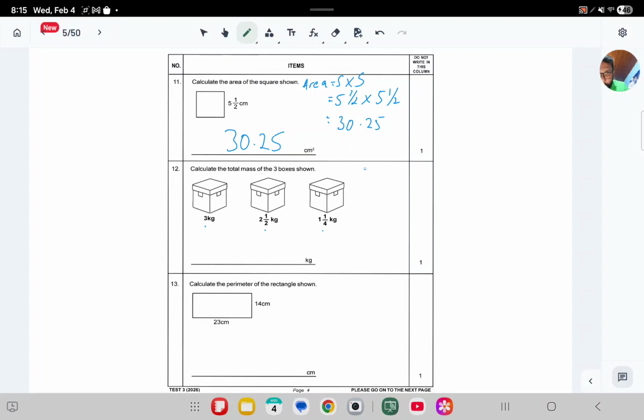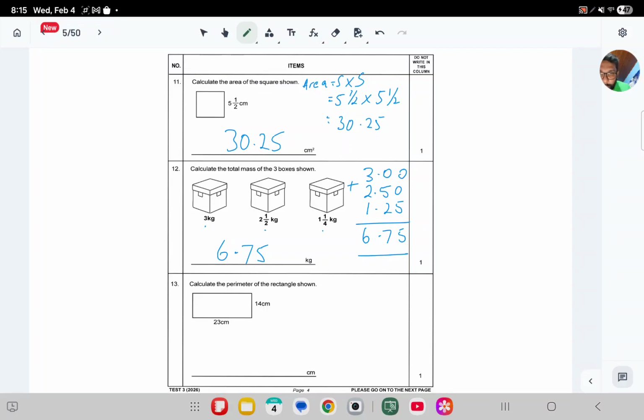So we have 3, and we know 2 1/2 is the same as 2.5. And 1 1/4, a quarter is 0.25, so that's 1.25. And we could add: 5, 7, 3, 4, 5, 6. So that's 6 3/4 or 6.75.